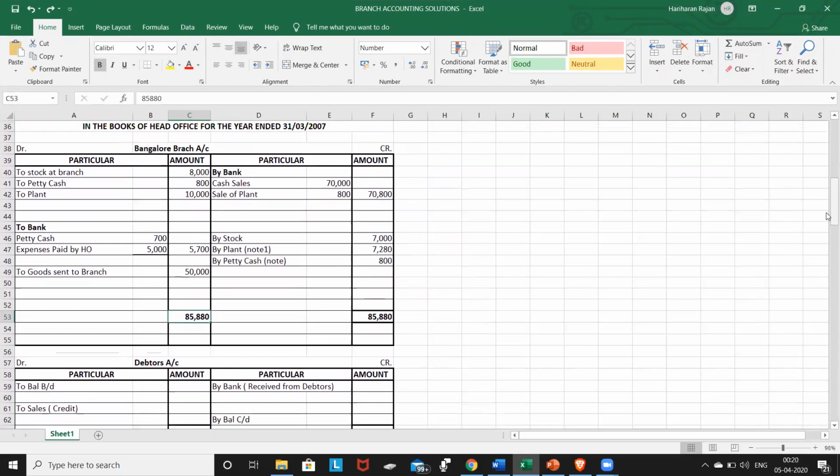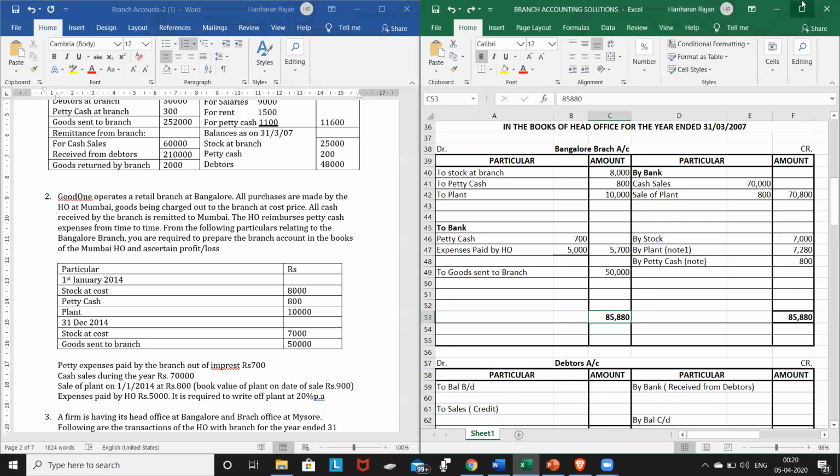So the solution is, as we saw, the opening balance of the stock is 8,000, petty cash is 800, plant is 10,000, which is written on the debit side, that is the opening balance. Then petty expenses paid by the branch, that is 700, which is recorded.